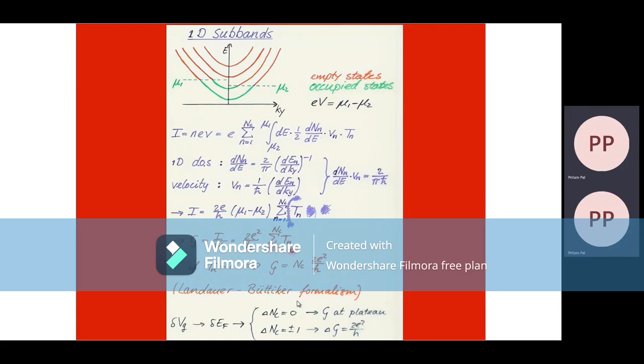In the example here, it's like 2, and some final transmission coefficient. The finite transmission effects can be included, but for perfect transmission of unity, the conductance will just be given by n times 2e² over h, right?